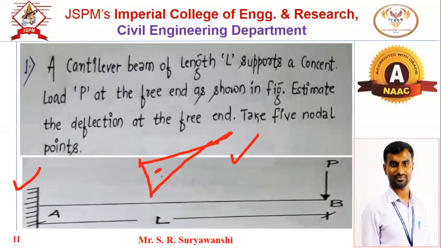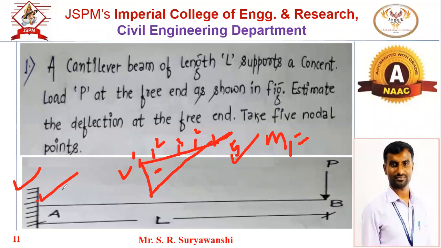Now maximum bending moment will occur at the fixed end. This is the first node, node 1, then node 2, node 3, node 4 and node 5. Maximum bending moment in a cantilever beam always occurs at the fixed end. Now tell me what is the maximum bending moment at fixed support here at point A. Suppose that is node 1, M1 is the maximum bending moment for this standard case.